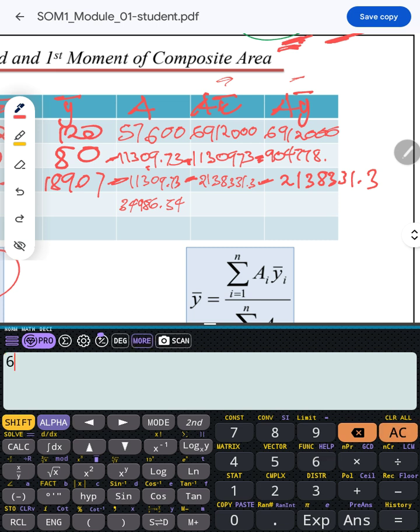So we have 691.223, right? Minus the sum of these two, this and this, 1130.973, right? Yes. And then plus this one, which is 2138331.3, right?